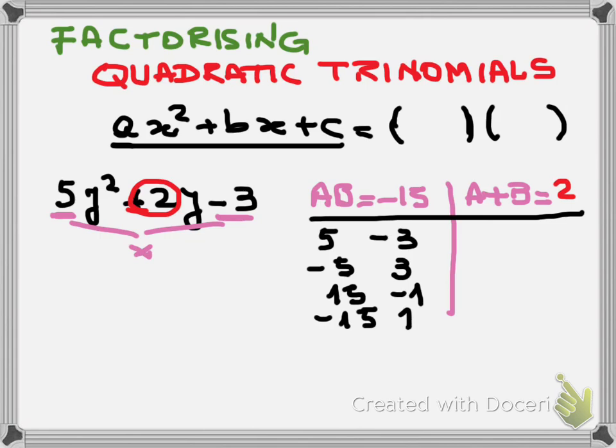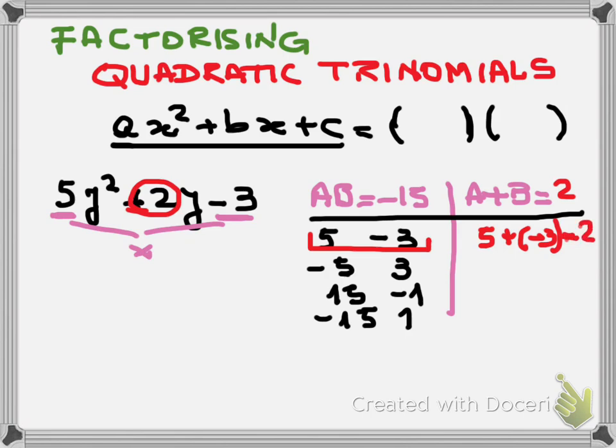That's a list of all the pairs of numbers whose multiplication gives us negative 15. Among all these pairs, I need to find only one couple which fulfills the second condition, which is adding up to 2. In this case, it's very simple because the first one also adds up to 2.